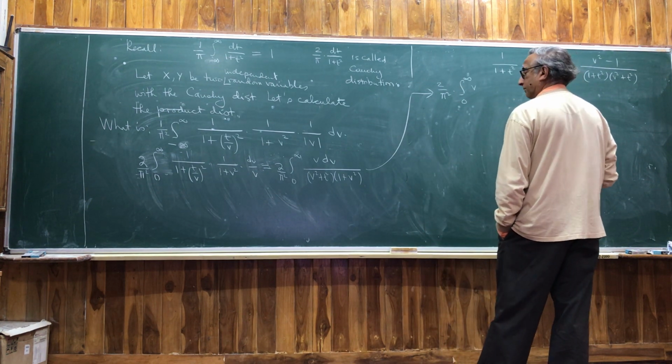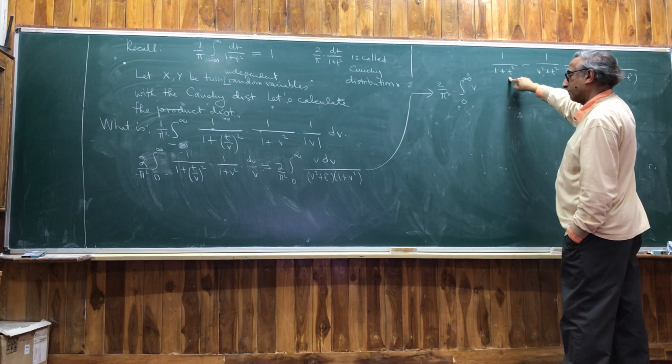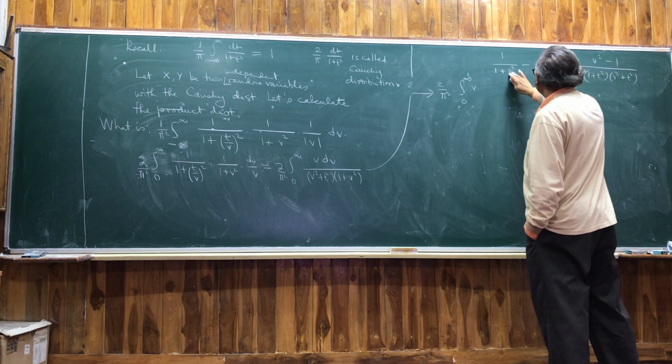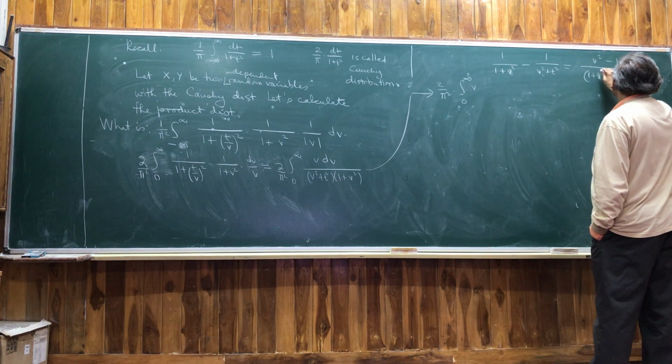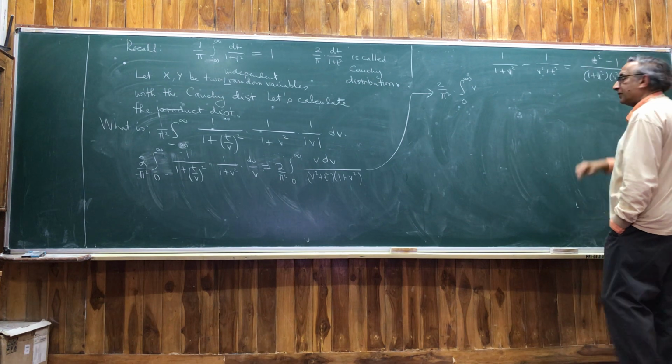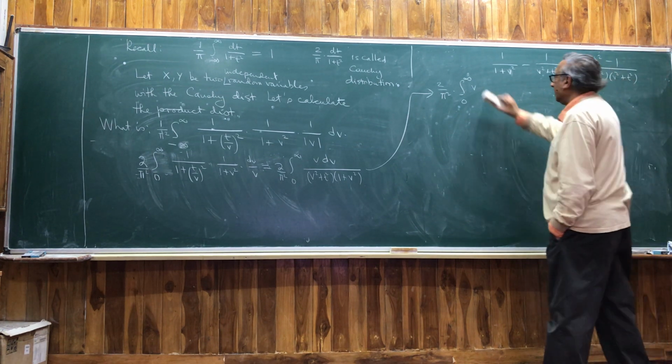Your partial fraction, that should be v squared instead of t squared. Oh, yeah, thank you. This was a v, and so it's a t squared here, right? Is that what you're saying? Yeah, okay, good, thank you.